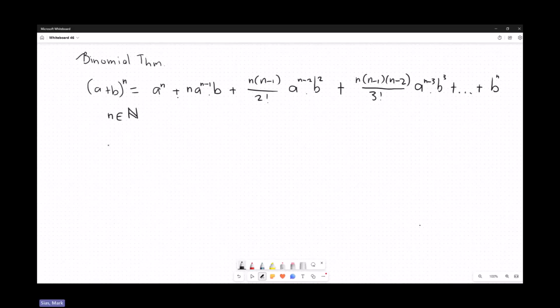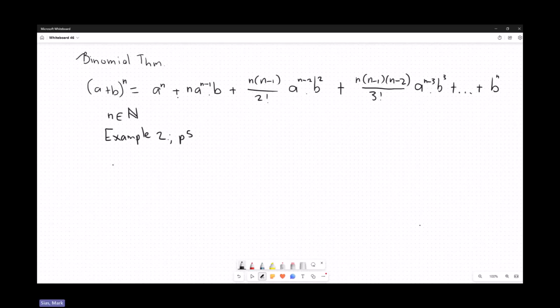The example that I will look at is example 2 on page 5. So let me just write down example 2, page 5.